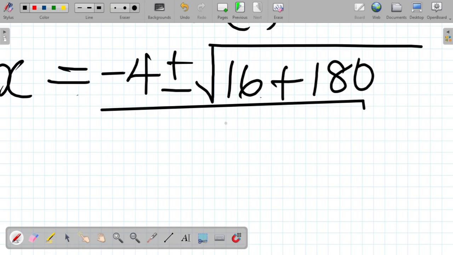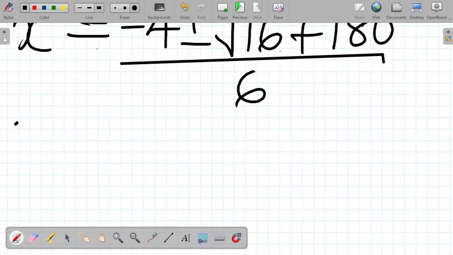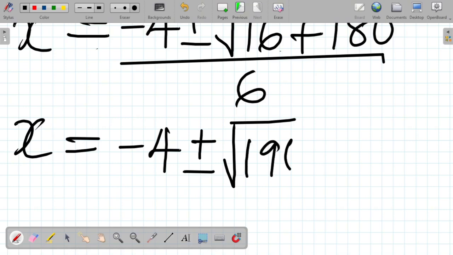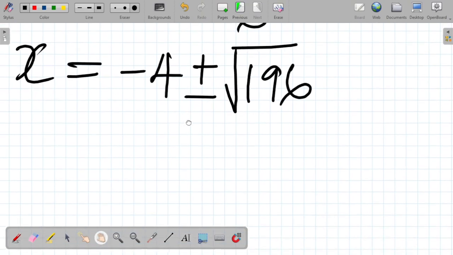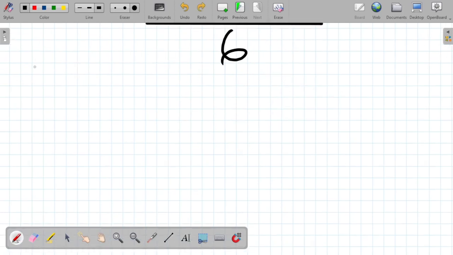And then all over 2 multiplied by 3 gives us 6. So therefore x is equal to negative 4 plus or minus square root of 16 plus 180 gives us 196, all over 6. So now let's consider the positive.